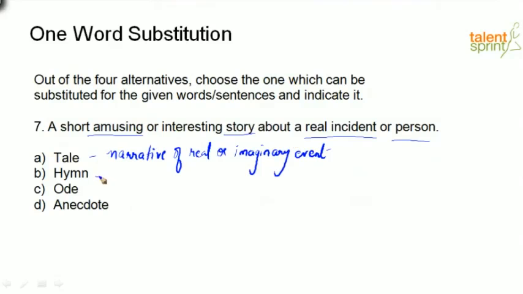A hymn, on the other hand, mostly Christians would be able to quickly connect to this. It's a song of praise or thanksgiving to God. A couple of you came back and gave me that as an option. Sometimes it has 4 or 5 verses or maybe more, with 3 or 4 lines.